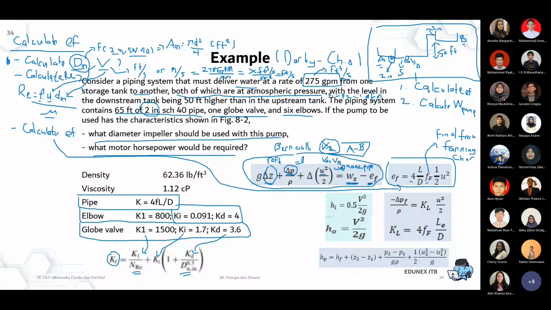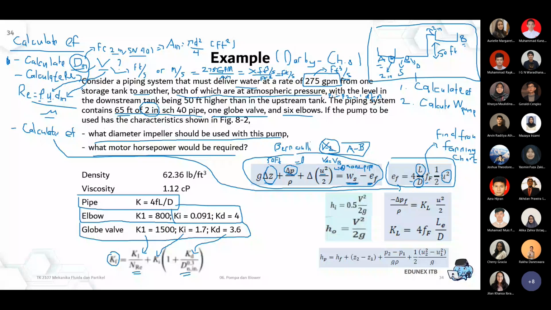Find it from the Fanning chart. For a straight pipeline, you have your length of the pipeline. It's provided that it's 16 feet. Your diameter, you already calculated that. Your velocity, you also already calculated that in feet per second or in meters. Then you need to calculate the delta P in the fitting, the friction in the fitting.